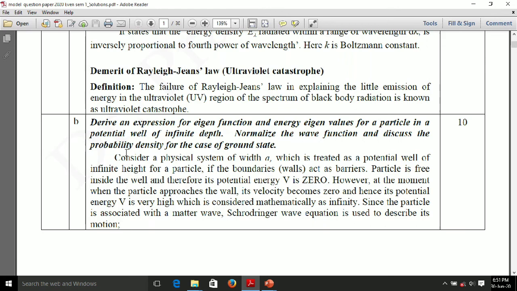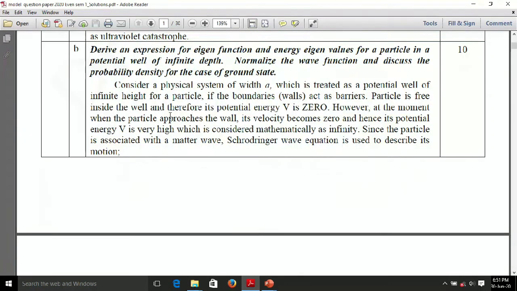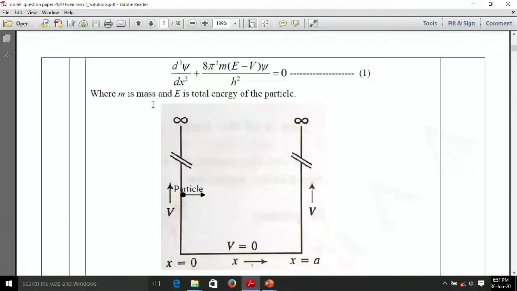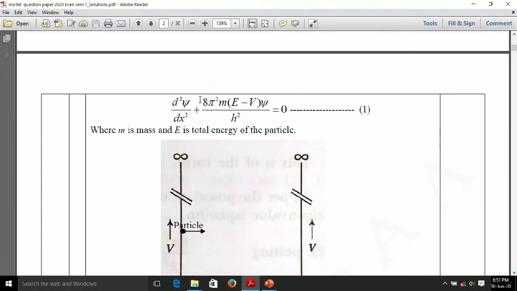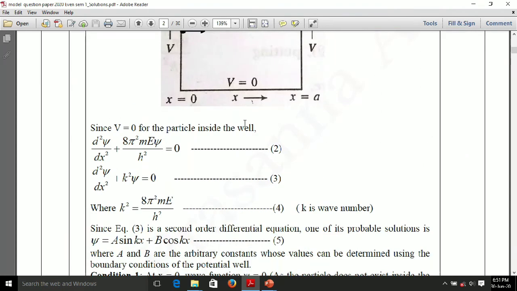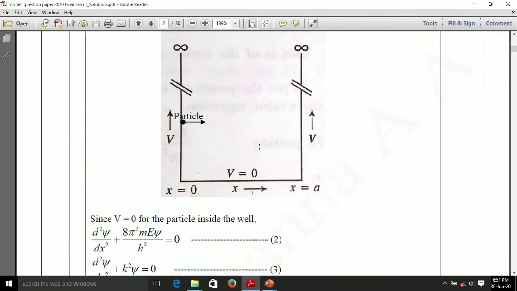There are 4 parts. The first part is the derivation of the eigenfunction, that requires this diagram, and Schrodinger's equation is required. For this particular potential well, when the particle is inside the well, what do we say?